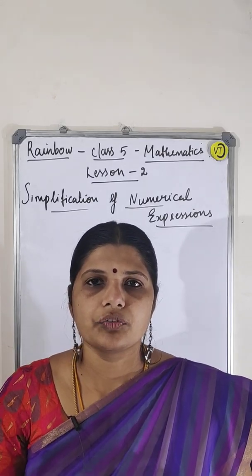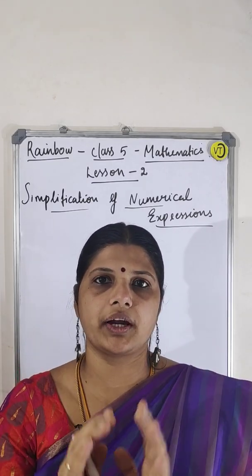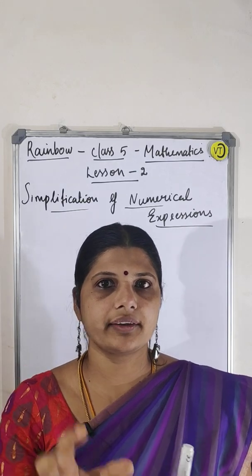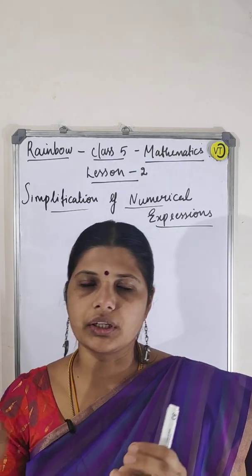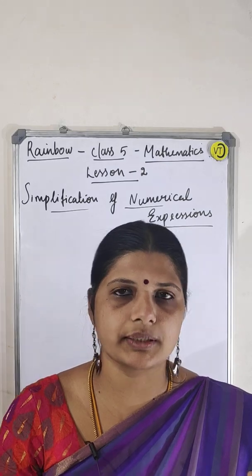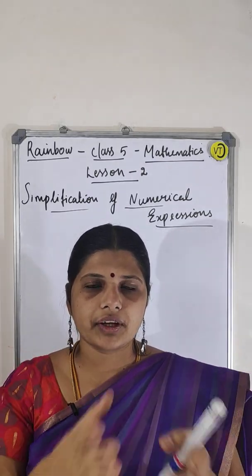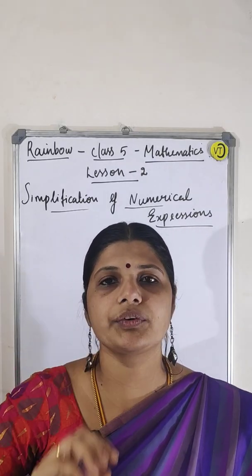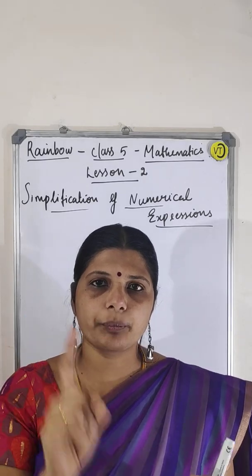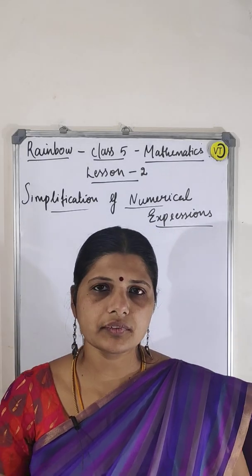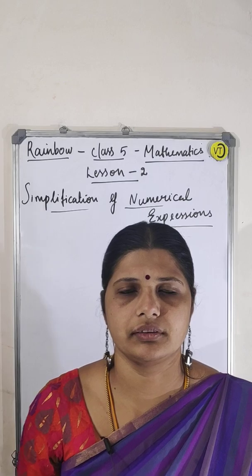In that, which operation do you have to do first? Either I can take multiplication, or division, or addition or subtraction. You are confused, right? So which priority do you have to give? First, which operation do you have to take? That I am going to explain.